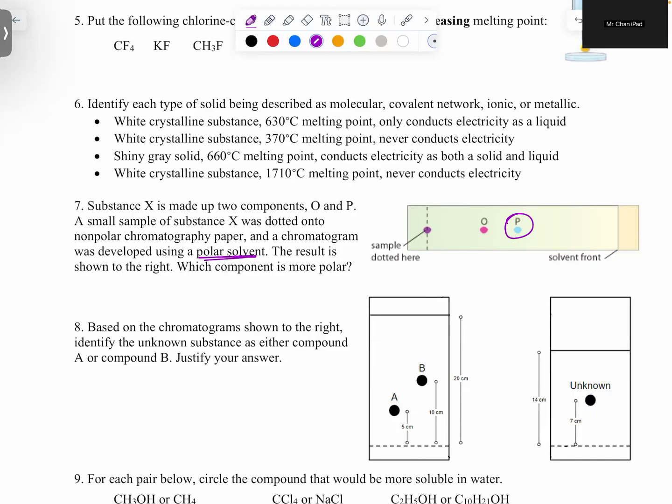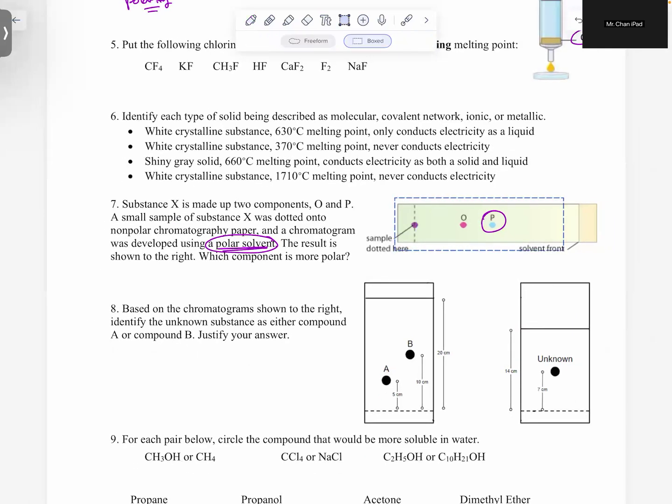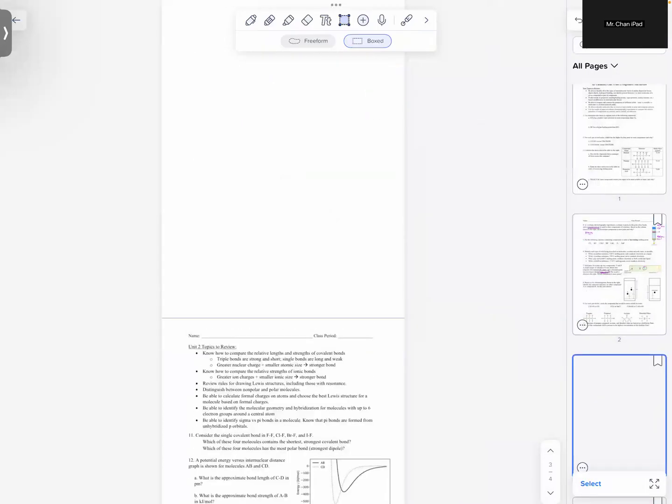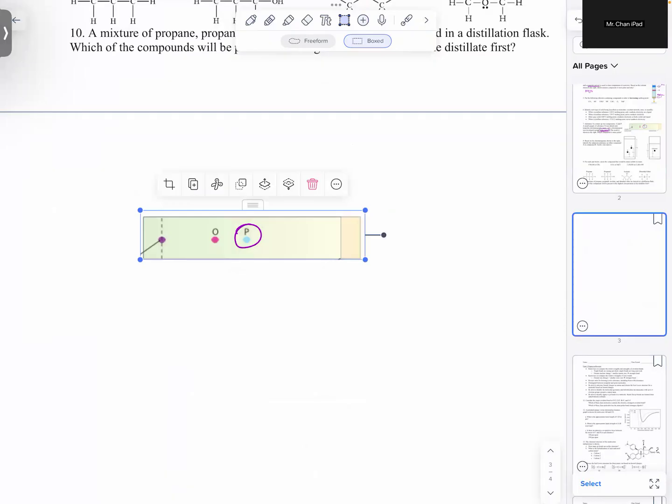Okay. Now, by the way, I want to make sure that we all understand this properly, because the picture right here is not very clear on the illustration. When we do paper chromatography, it's actually like this.